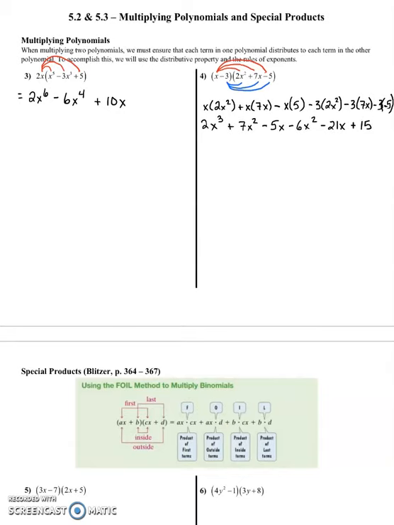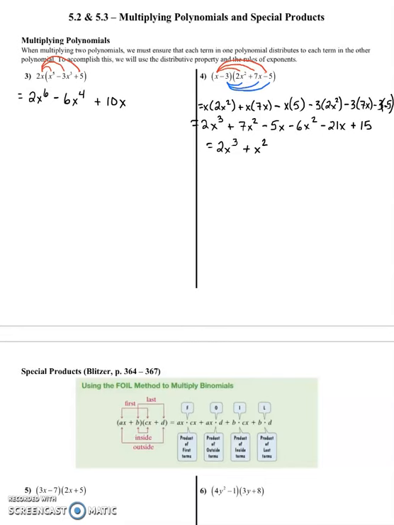Now we need to combine like terms. So the only x cubed term we have is 2x cubed, so that stays the same. We have a 7x squared minus a 6x squared, so 7 minus 6 is 1, so that's plus an x squared.